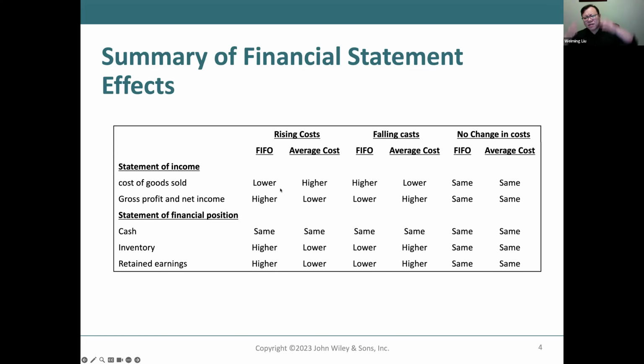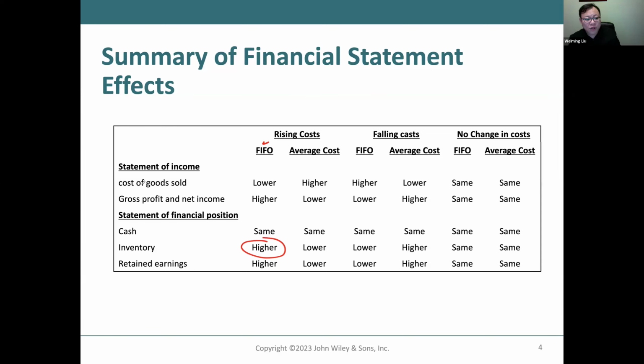Why? Because with FIFO, your ending inventory captures the most recent goods. Because the price is going up, those goods were bought at a higher price, so your ending inventory would be higher.